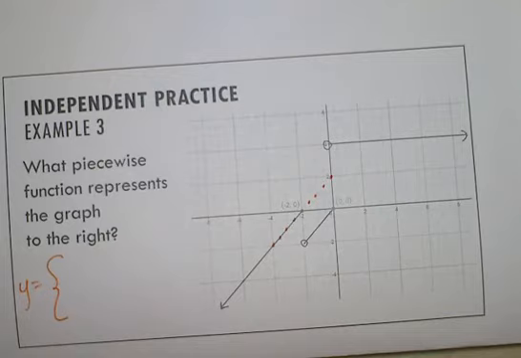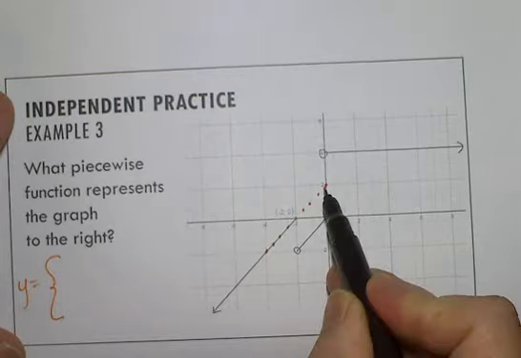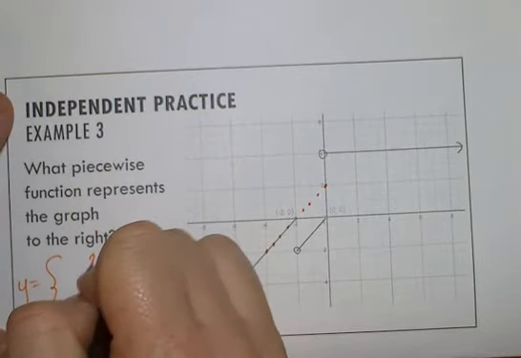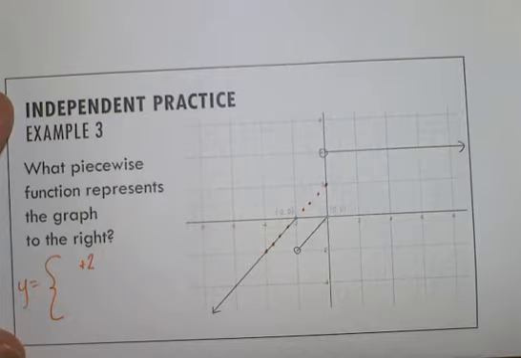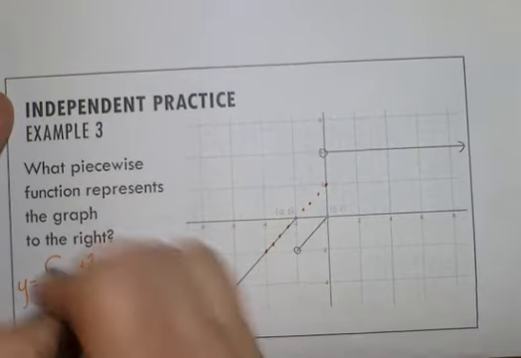All right, so here's our next thing. We're going to start with this function. It intersects the y-axis at +2. And the slope from left to right is up 1 over 1.